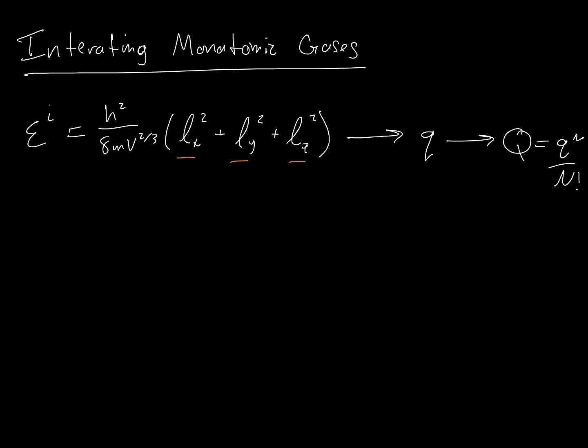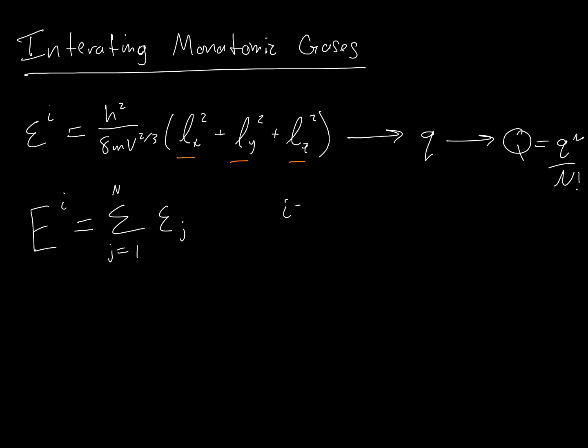So what we can say is that the total energy of a microstate of a collection of particles is simply going to be equal to the summation over all of the individual particles and their respective individual energies.